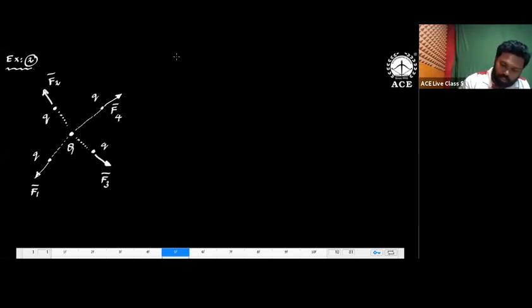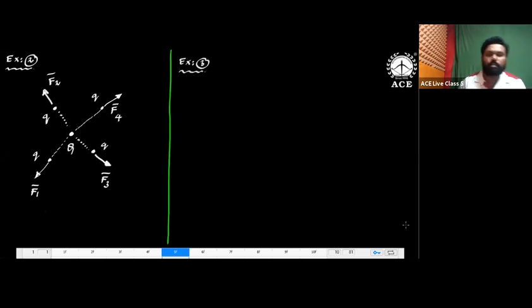Let us take one more example. Example number 3. Let us consider a current carrying conductor.